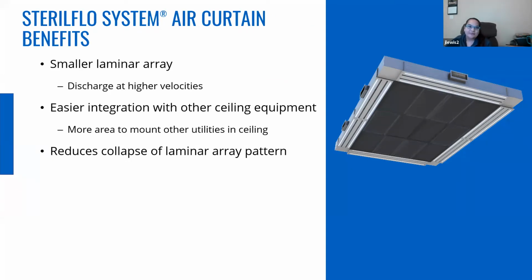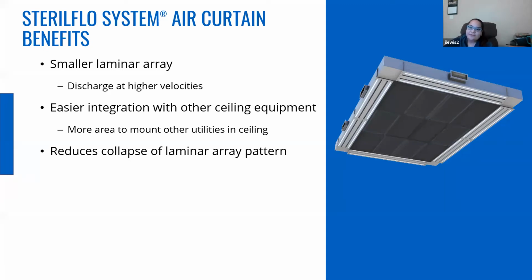One of the advantages of using our SteriFlow system with laminars is it allows you to put more air through the air curtain, so you can meet your air loads without having to put extra CFM through the laminar diffusers and possibly increasing velocities. And we don't want that. We want the velocity to stay low and laminar all the way down to the operating table.